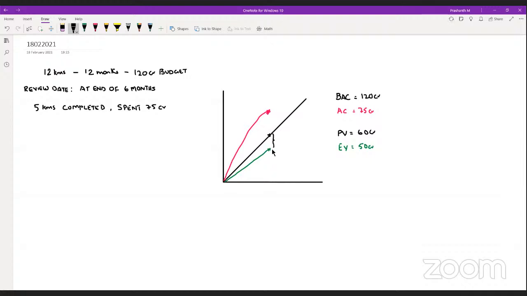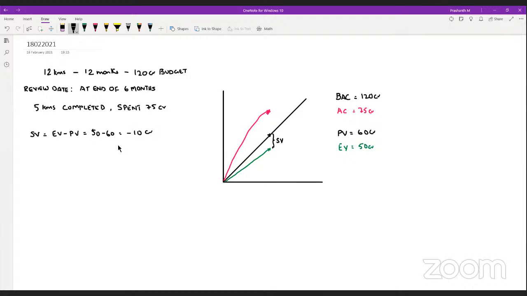Correct. So the difference between these two, I call it my schedule variance. So schedule variance is EV minus PV. This is where I'm supposed to be, but this is where I am. So in terms of schedule, I'm behind. In this particular case, 50 minus 60, that is minus 10 crore.